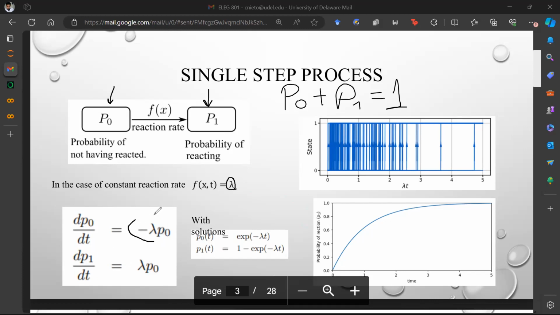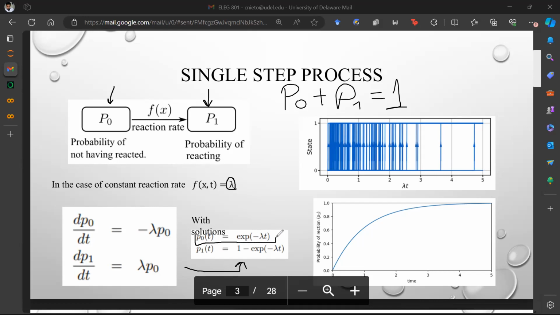And given that this flux of probability is flowing from P0 to P1, the flux is going to the probability of 1. So you have here the same flux, but positive. And you can go and solve this equation, and you obtain these expressions.